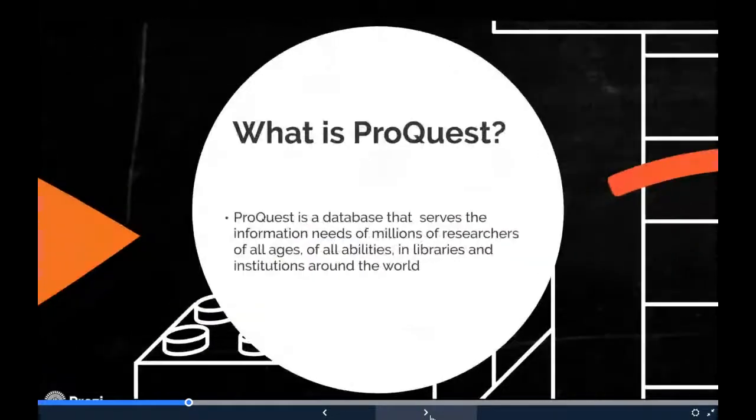So what is ProQuest? ProQuest is a database that serves the information needs of millions and millions of researchers of all ages, of all abilities, and libraries and institutions around the world. That's actually taken almost directly from the ProQuest help manual, which is very good, very extensive, has some great examples in it as well.